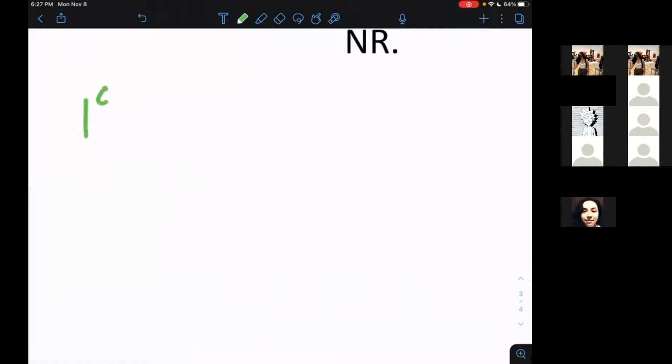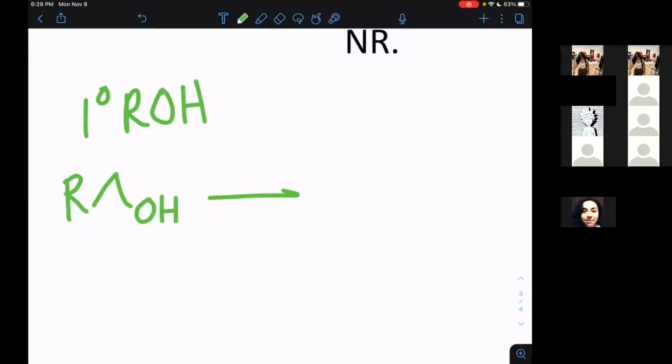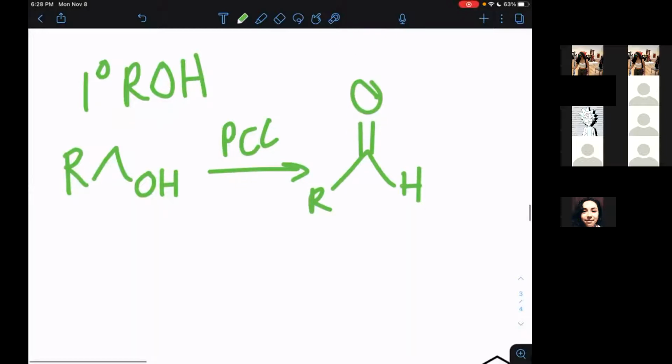So for these kinds of reactions, it depends on how many things it's attached to, basically. I'll just draw kind of what I have, because I don't remember the names of the things.